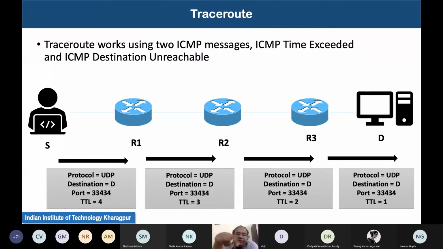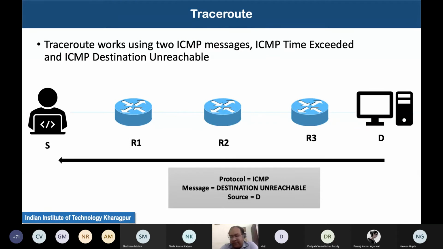So when that happens, D sends back an ICMP destination unreachable message, meaning no server is running at the port mentioned. That way you know that you have reached the final destination. So traceroute works by utilizing the ICMP time exceeded message and the ICMP destination unreachable message.